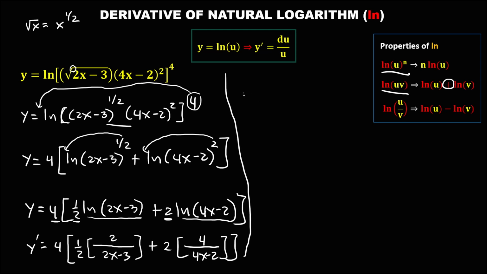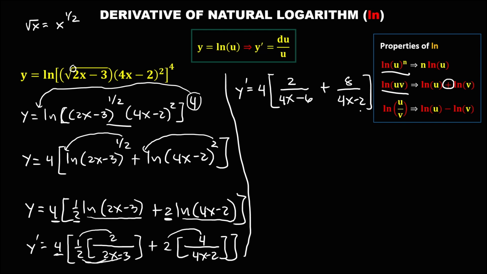Then to simplify, y prime equals, again bring down this constant, then times, multiply this numerator and 1, this is 2, over, multiply this denominator, so 2 times 2x is 4x, 2 times negative 3 is negative 6, then plus 2 times 4 is 8, over, just copy the denominator, 4x minus 2.